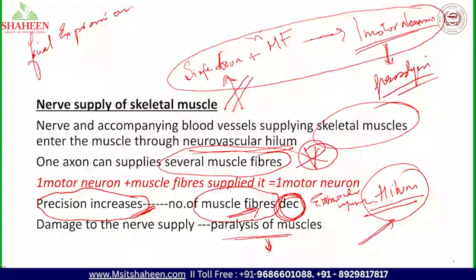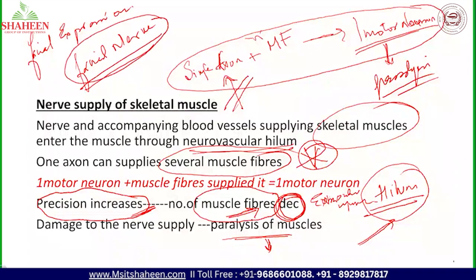From those, which cranial nerve is supplying your facial muscles? Your facial expressions are due to the innervation of your facial nerve. The facial nerve is the seventh cranial nerve that supplies your facial muscles for facial expression.